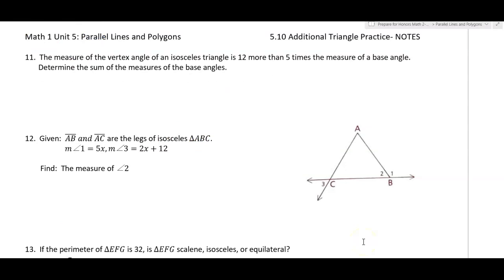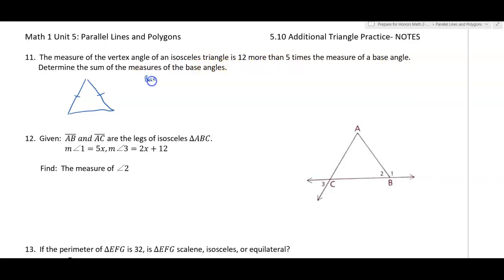So the measure of a vertex angle of an isosceles triangle is 12 more than 5 times the measure of the base angle. Determine the sum of the measures of the base angles. So if I draw an isosceles triangle, here's my vertex angle. It says the measure of the vertex angle is 12 more than 5 times the measure of the base angle.